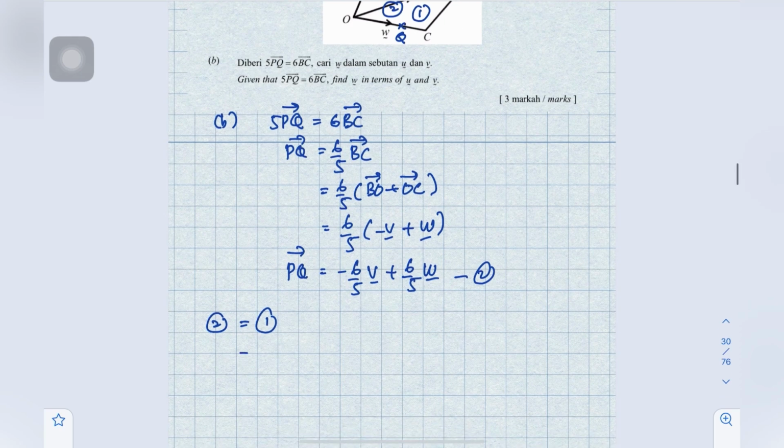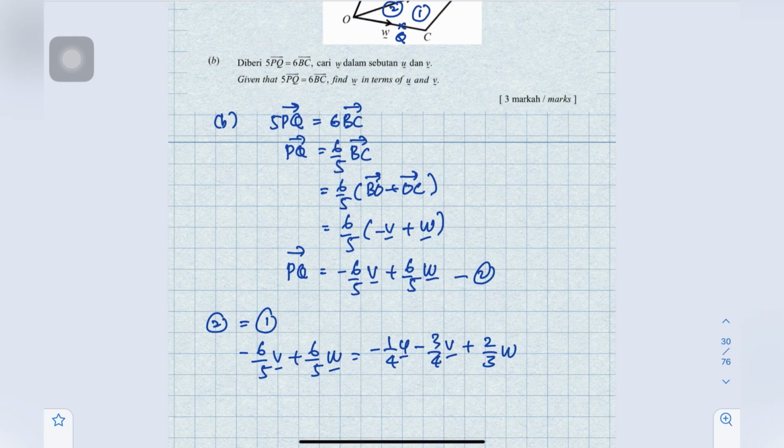So then negative 6/5V plus 6/5W. Kita samakan dengan yang dekat atas tu. So this one is negative 1/4U minus 3/4V plus 2/3W.